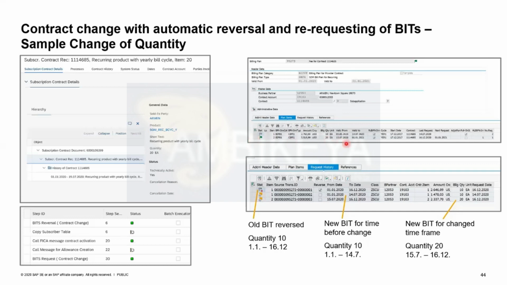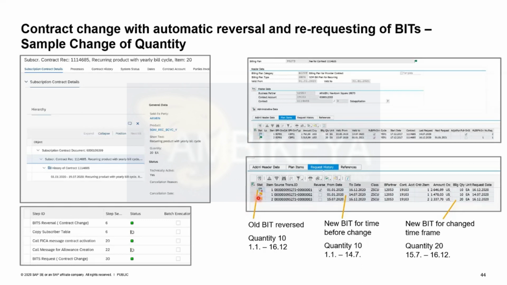The first bill plan item is delimited until the 14th, and the second bill plan item is from the 15th until 2021. So in this case, the old bit is completely reversed, the change is executed, which delimited the first bill plan item, and the new bill plan item is created.